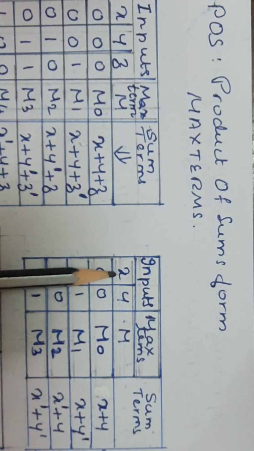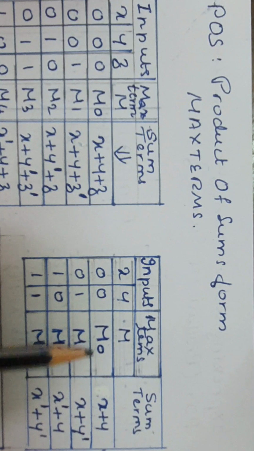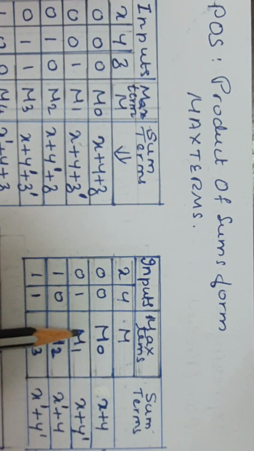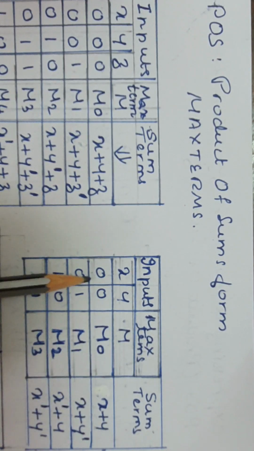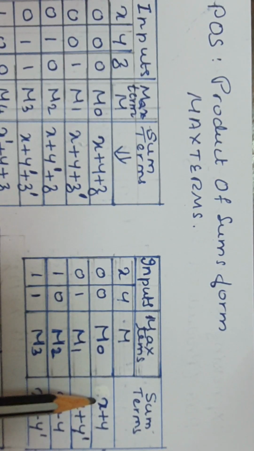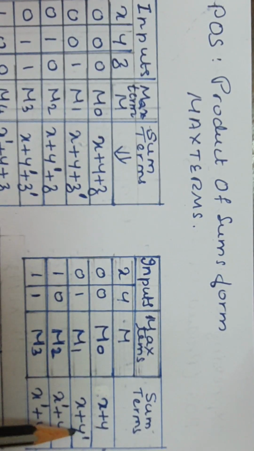So for any two input variable digital system, there can be four possible max terms from M0 to M3. They are as follows: M0 equals x plus y, because both x and y inputs are 0, 0. M1 is x plus y dash, because x is 0, y is 1.